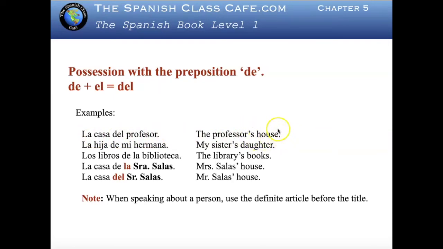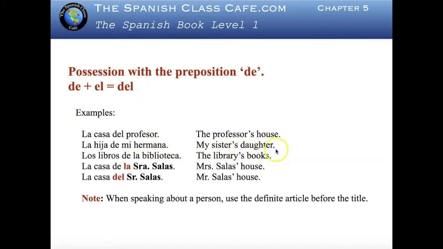The last word in the English phrase becomes the first one in Spanish, and you use a definite article in the front. Then you need the possession, what will be de, and then you need the professor, what is el profesor. Now, this will be la casa de el profesor. But remember the little rule here, de plus el becomes del. That's why it's la casa del profesor.